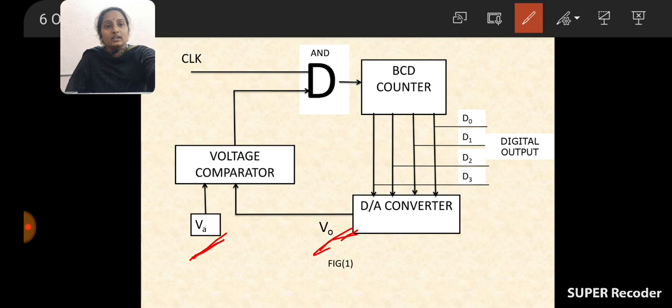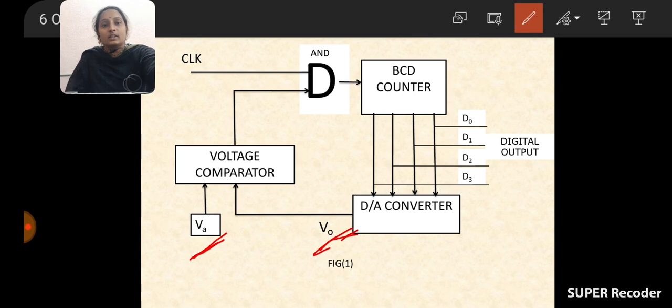And this BCD counter will allow the clock pulses and count them. If it counts one clock pulse, it will give that count in binary as 0 0 0 1.